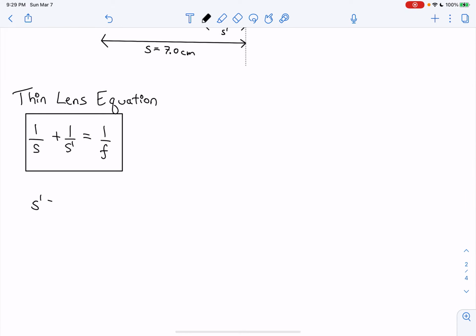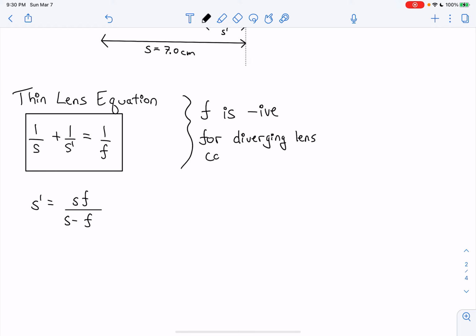So we've got s prime is equal to sf divided by s minus f. Now, there's something very important that you must take careful note of when applying this equation for a diverging lens. The f value is going to be negative for the diverging case. Now that is very important. Do not forget.